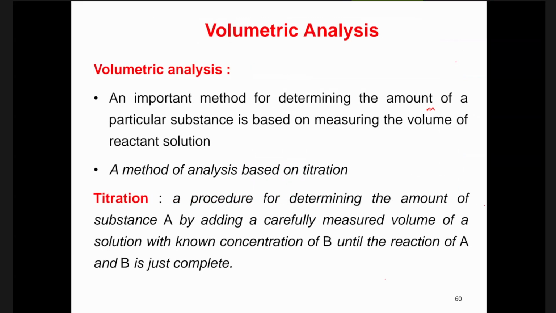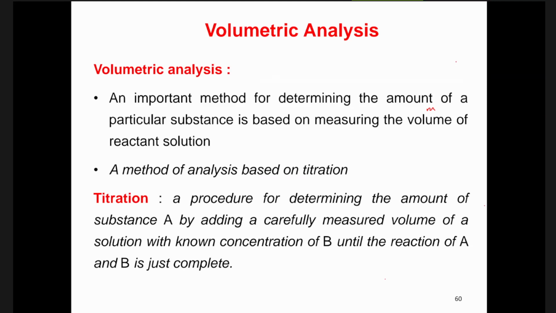Now, about the volumetric method, we can call it titration. That is a procedure for determining the amount of substance A by adding a carefully measured volume of a solution with known concentration of B until the reaction of A and B is complete.